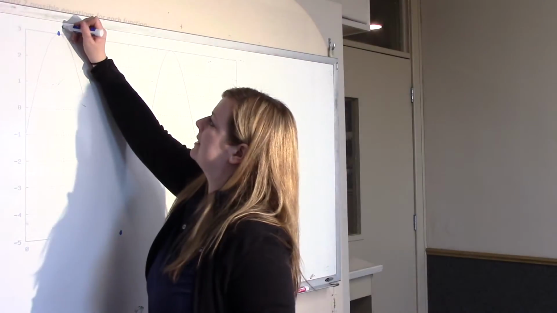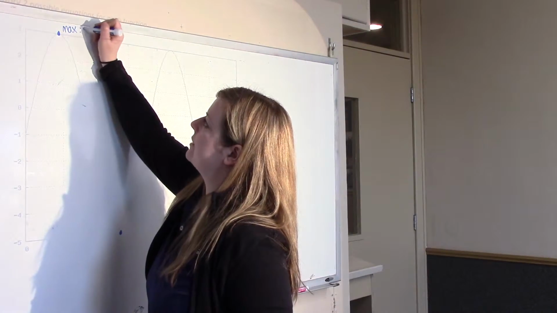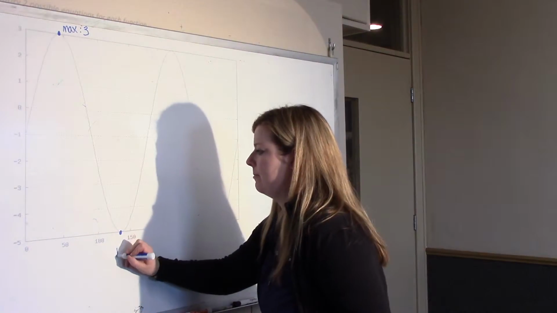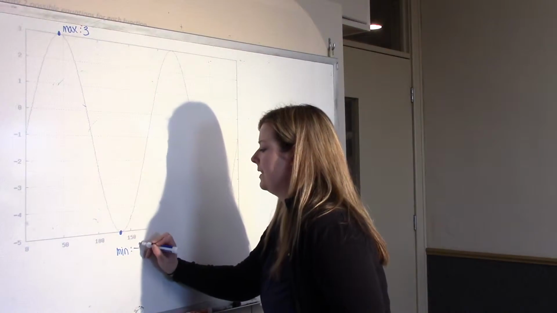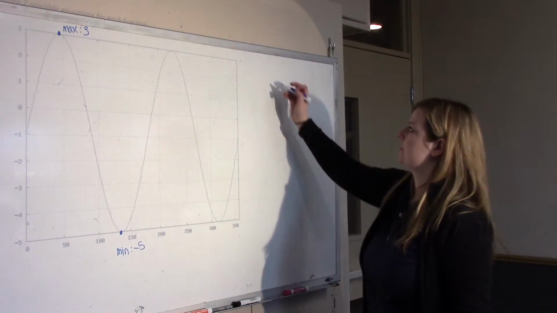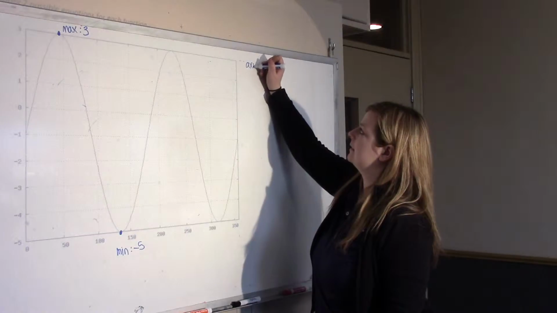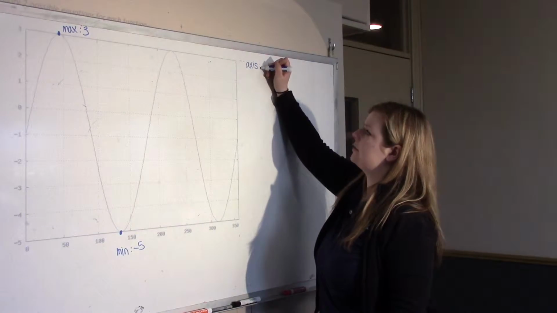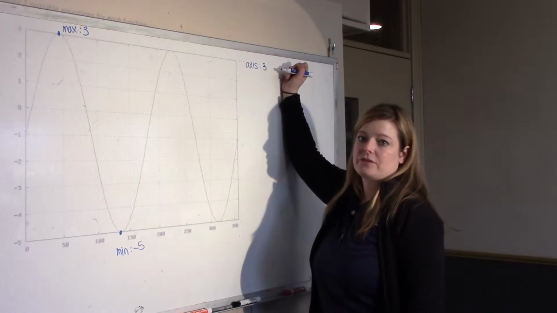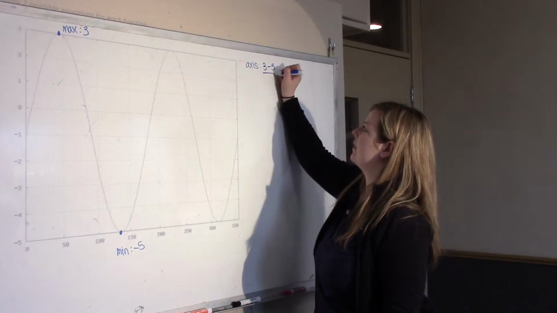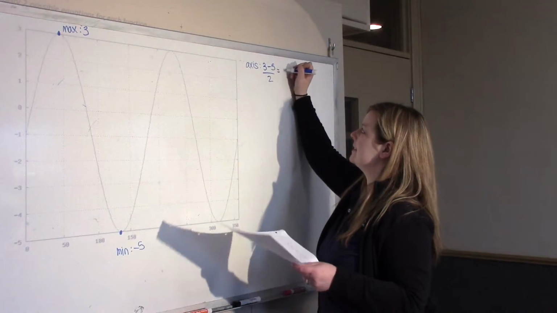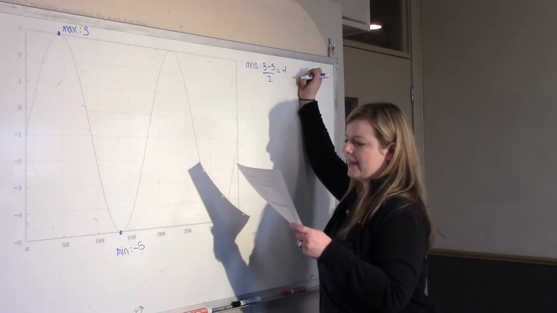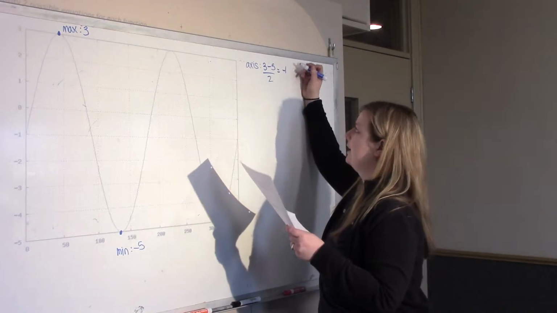Okay, so our max is 3, and our minimum is -5. Okay, so the axis, remember, is always just the average of those two. So 3 minus 5 divided by 2 is -1. So that means that the axis is -1.